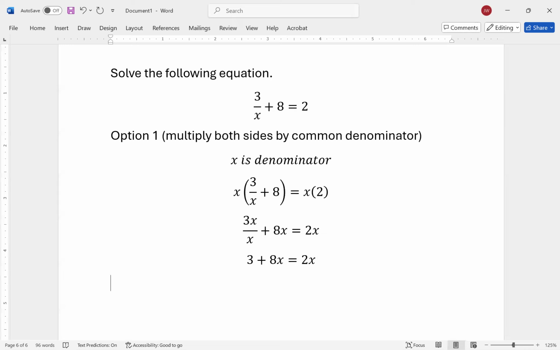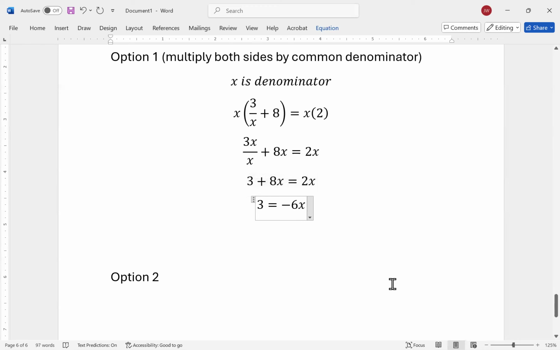Now I would subtract 8x from both sides. I'm not going to show that step. We've done that a number of times. When I subtract 8x from both sides, subtracting 8x from the left would get rid of the 8x. Subtracting 8x on the right would give me a minus 6x. And then I would divide by a negative 6.